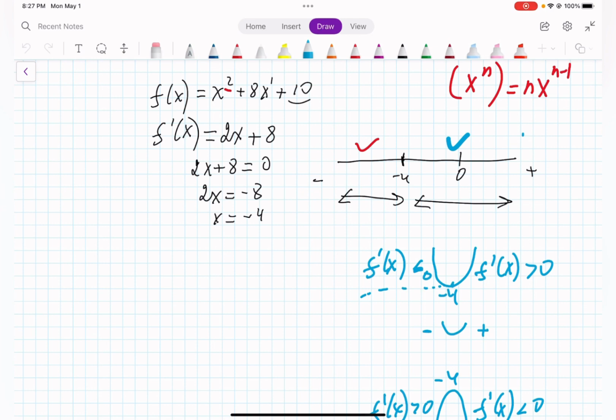So let's assume less than -4. I'm going to take -5, for example. So f prime of -5 is going to be, so I'm testing this piece, right? This is my derivative. 2 times -5 plus 8 is equal to -10 plus 8, which is -2. So this is going to be negative.